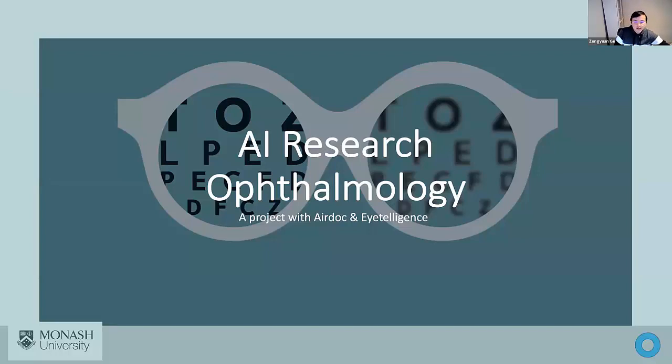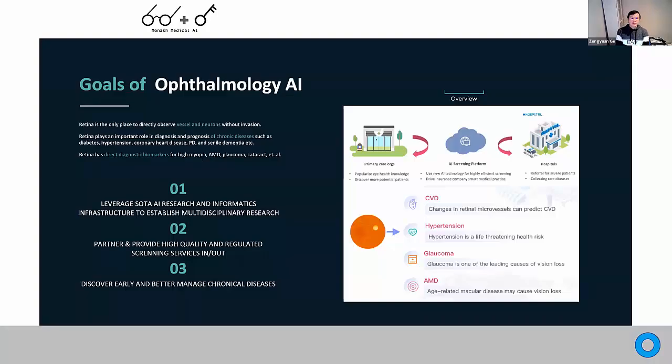Great. So we'll move into the next part, which is AI research in ophthalmology. This is a more industry-oriented project with my industry partner, AirDoc, and Intelligence. The goal of ophthalmology AI is quite simple.